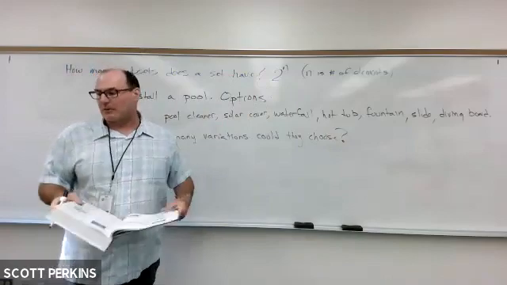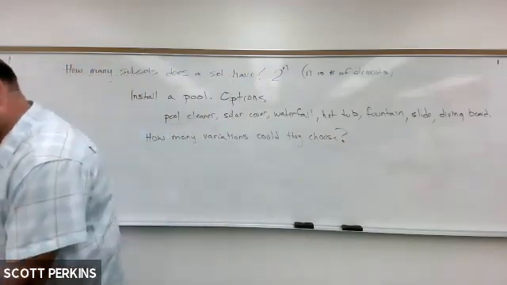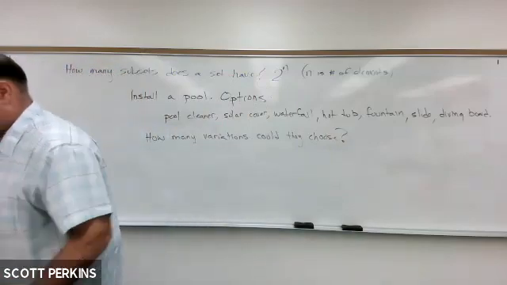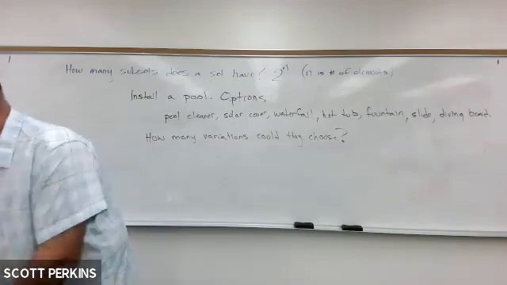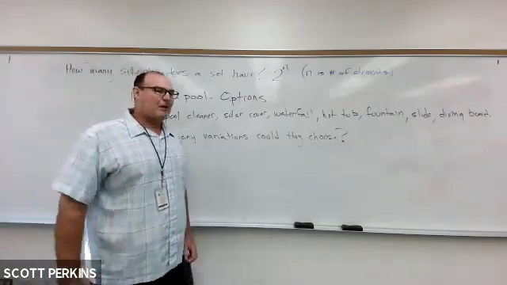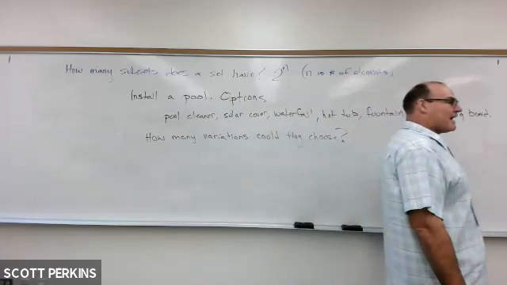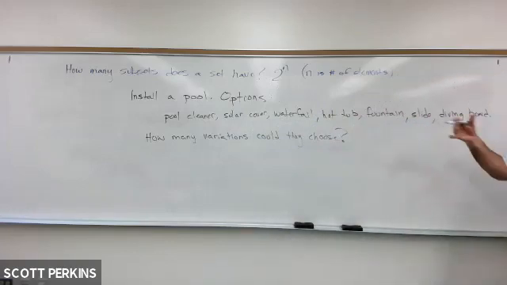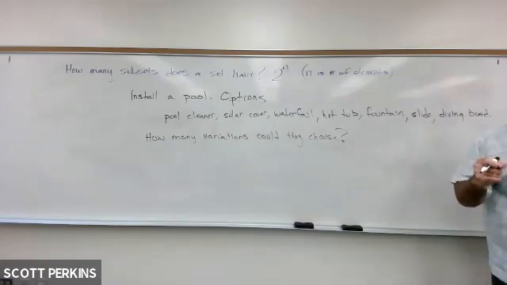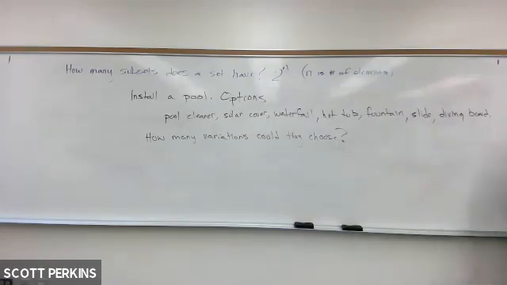I'm going to give you a second to write that down. I know there's a lot of words going on there. Meaning, how many different types of pools can they choose from if they chose different combinations or different subsets of the pool options?